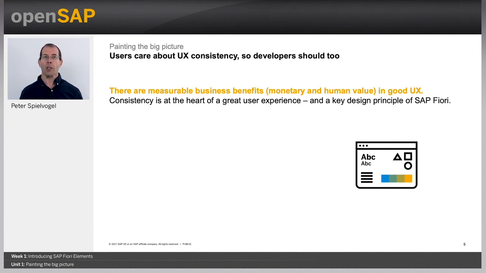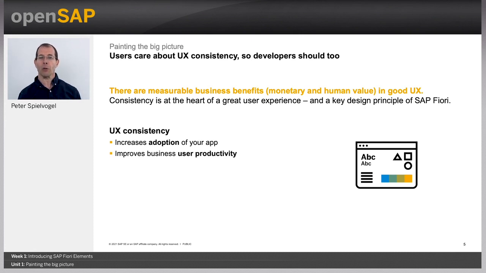A great UX delivers measurable benefits, which is why this is such an important topic for SAP. At the heart of a great user experience is consistency. A great UX means people love your app. There's little more frustrating than writing an app that no one uses. Knowing where to find the information in your screen and how to navigate through the app makes people more confident and more productive using it.